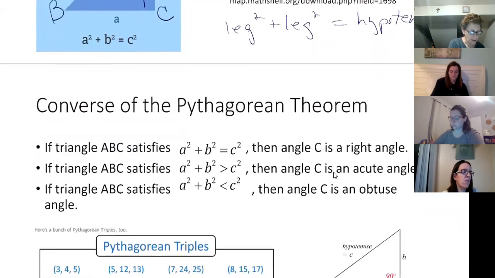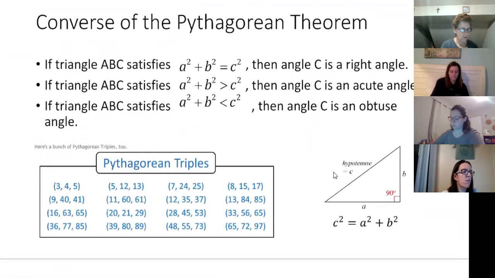So the converse of the Pythagorean theorem comes in very, very handy. So if you always set it up in theory that you have a squared plus b squared equals c squared, this is what ends up happening. When you have an equality, you have a right angle.